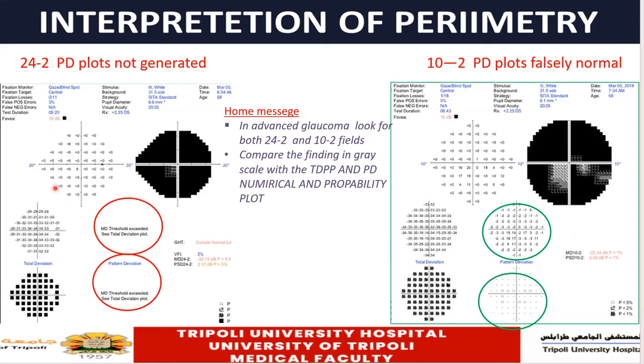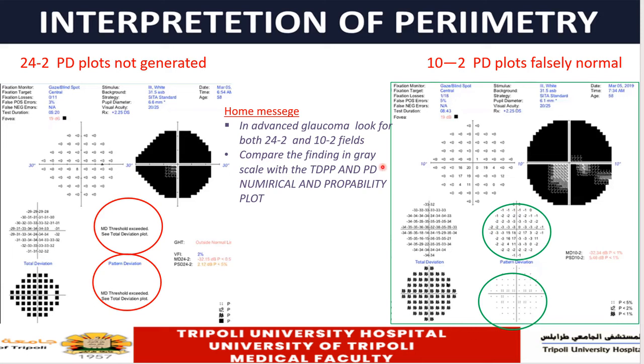So we are left with 51 spots, and the 85th percentile means that we remove the 7 best sensitive points, and then we add the value of the 85th percentile to all values. However, in the 10-2, we have 68 points, so the 85th percentile means another figure. It is not the same. That's why this map is not generated in the 24-2, while the pattern deviation numerical and probability plot is generated in the 10-2.